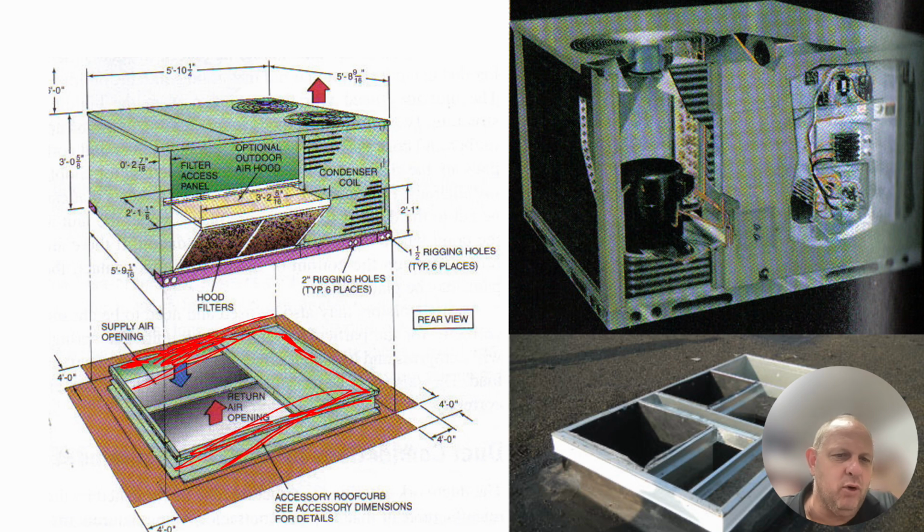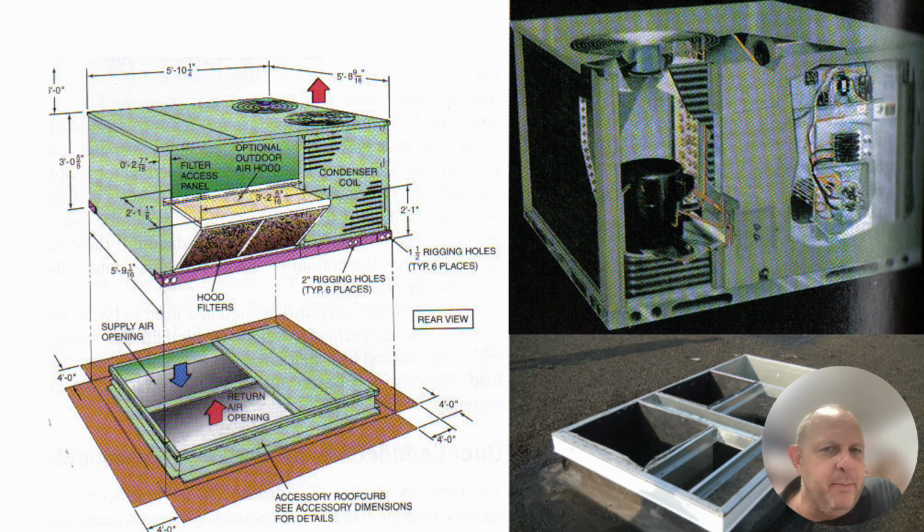We'll put gaskets right along all those metal parts on that roof curb, and we will set that unit right on it, giving us a weather tight seal. Now, the roofers will come back and encompass our roof curb with the asphalt or the rubber roofing that is attached to the building, so that we have a nice weather tight seal for that application.